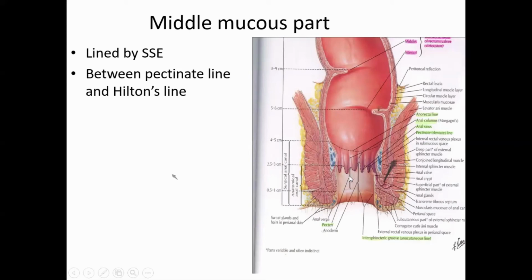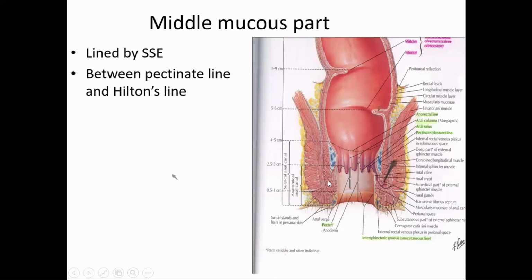And at the lower end, see here this is the internal anal sphincter, and external is the external anal sphincter, which is present outside of the anal canal. In the mucous layer there is the internal anal sphincter and the external anal sphincter.